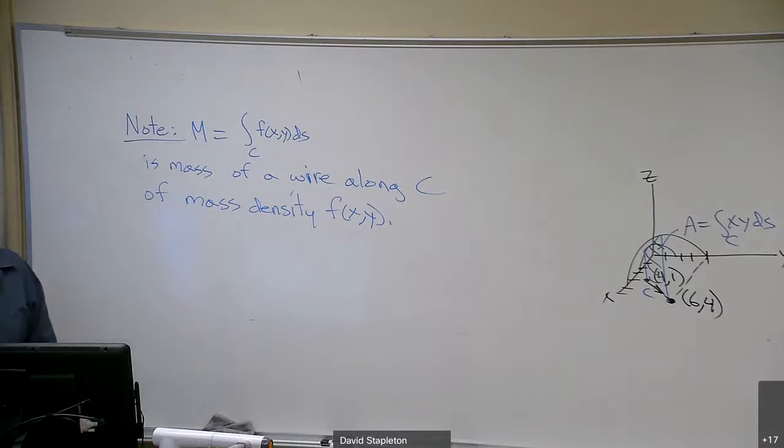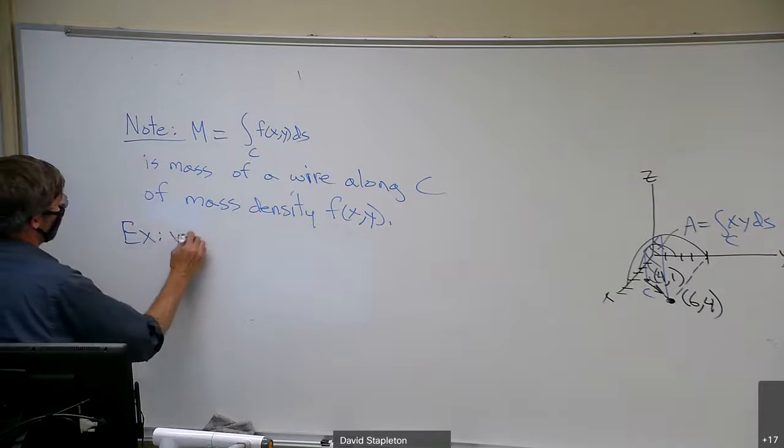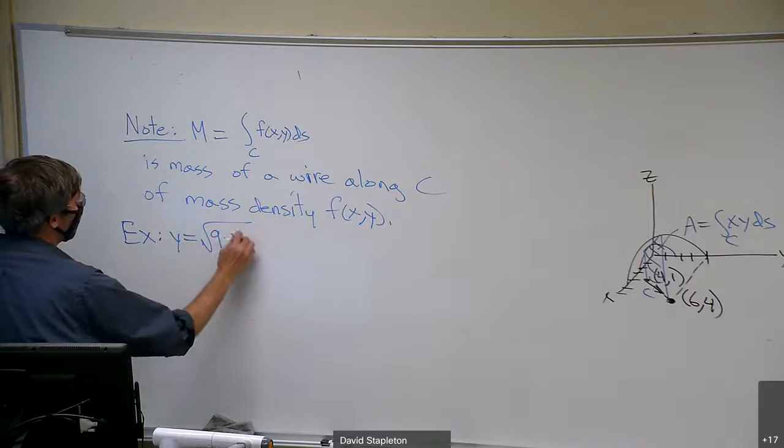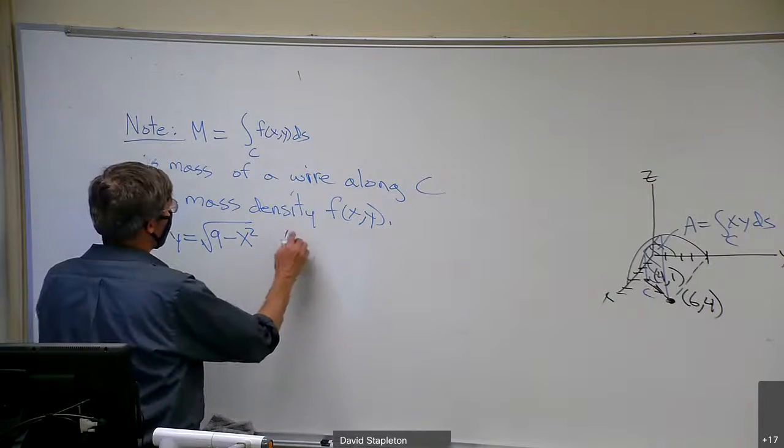We have a circular arc. It's number 37. Y equals square root of 9 minus x squared is a curve, x going from 0 to 3.